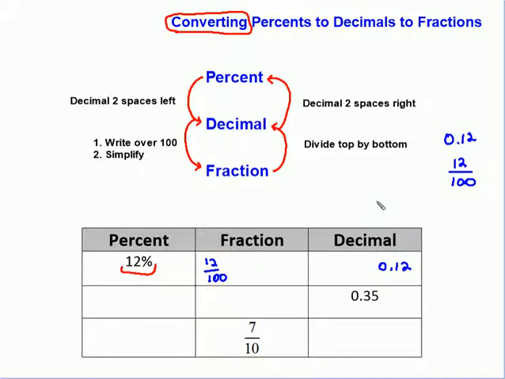But I can also simplify that fraction. I can divide both the top and the bottom by 2. When I divide 12 by 2, I get 6. When I divide 100 by 2, I get 50. Am I done? No, because both of these can be divided by 2 again. When I divide those by 2, I get 3 over 25. Now I have simplified, and I am good. 3 over 25 is my fraction.